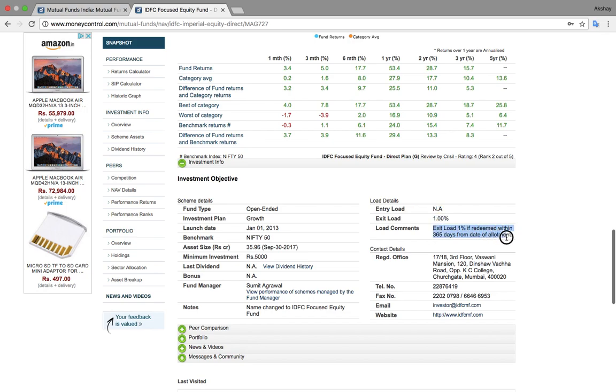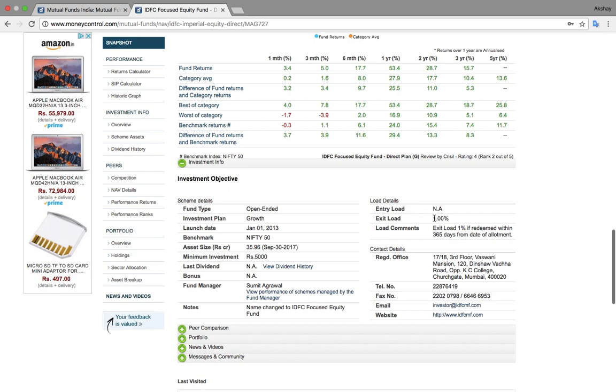And here one comment is written. Generally this is true for all the cases. If you sell your mutual fund within 1 year, then you have to pay 1% of your amount. It is some kind of tax you have to pay to government and all other things. And if you sell your mutual fund after 1 year, then you don't have to pay anything.